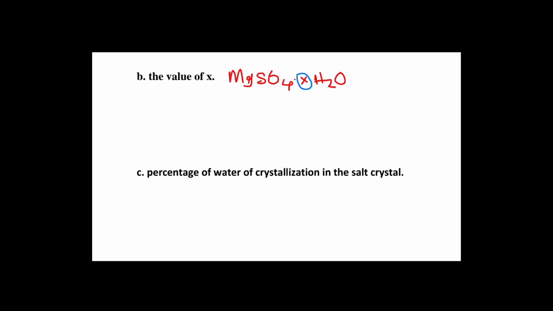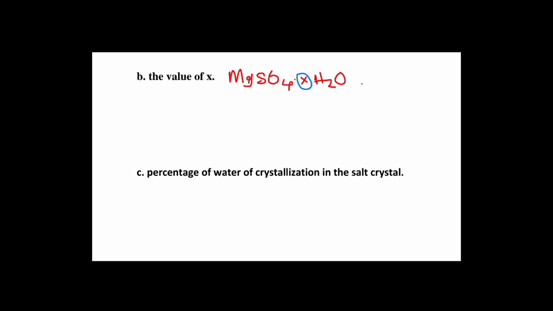When you go back, you remember that I explained hydrated salts, and indeed there were numbers where we have put X today. Maybe 5 moles of water, 7 moles of water, 10 moles of water.